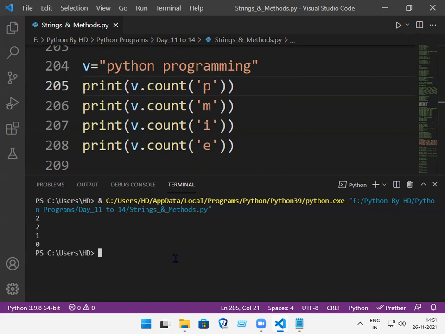In the case of index, if so and so value is not there, what do you get in the output? Value error, substring not found. In the case of find, if the value is not there, you get -1. In the case of count, if that value is not there and you're trying to count, you get 0. Make these points.